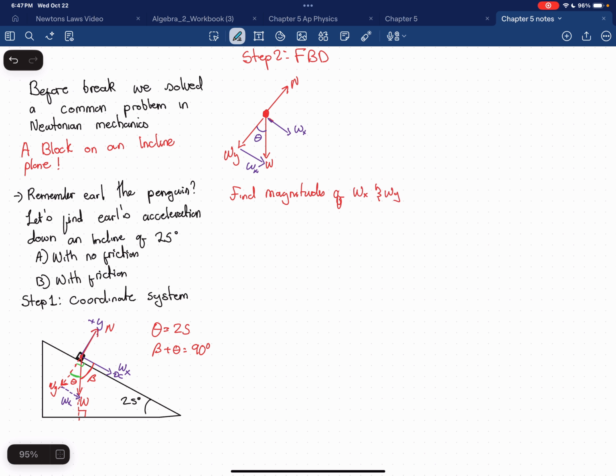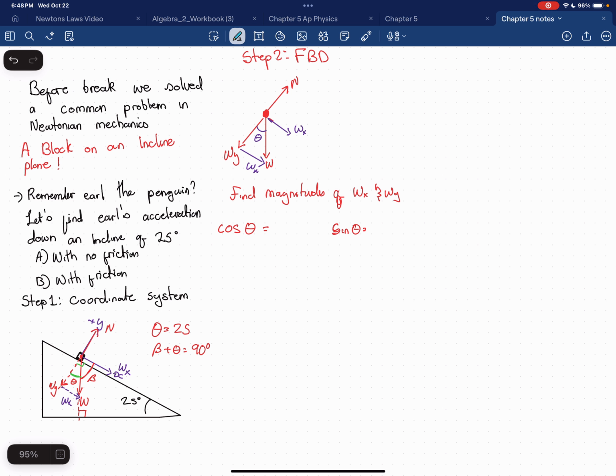All right, so we have our theta angle, right? So now this is something we've done several times already in class. So we're going to look for how to get cos theta and how to get sine theta from our triangle, and these will give us the magnitudes of the respective components.